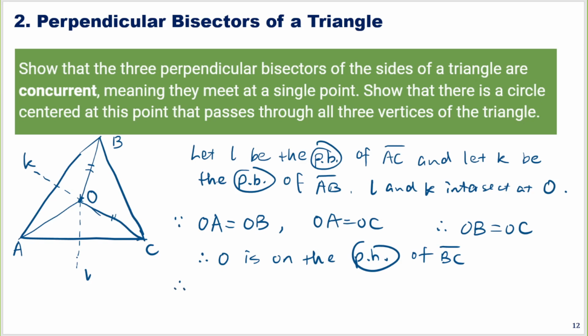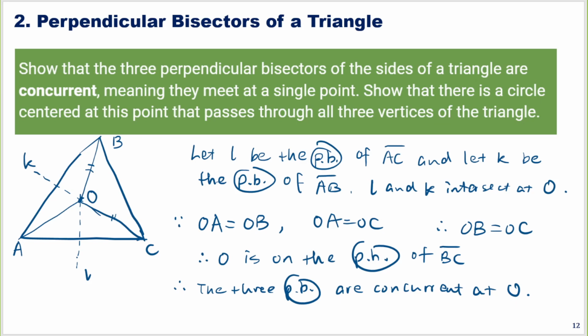And therefore, the three perpendicular bisectors are concurrent at point O, right? That completes the first statement.